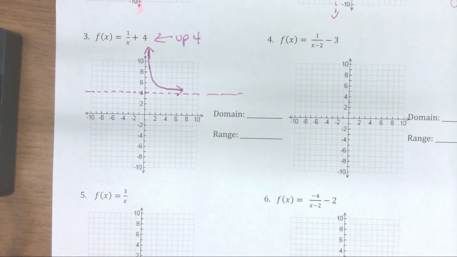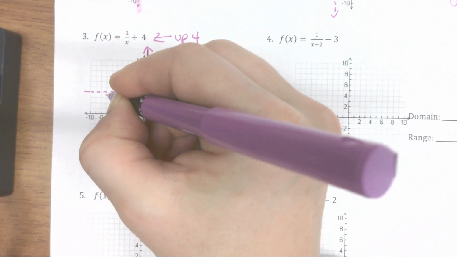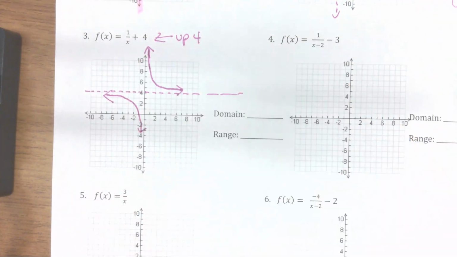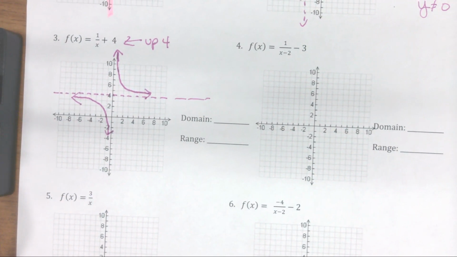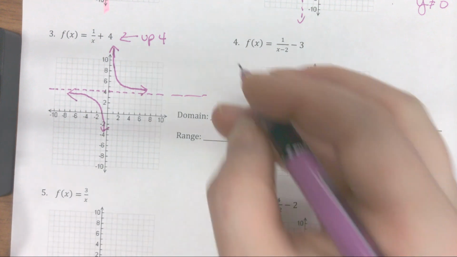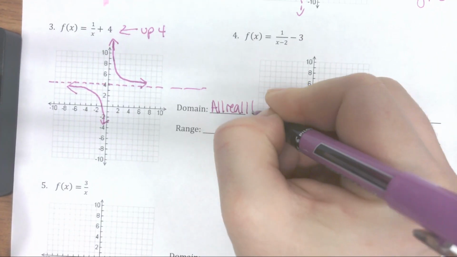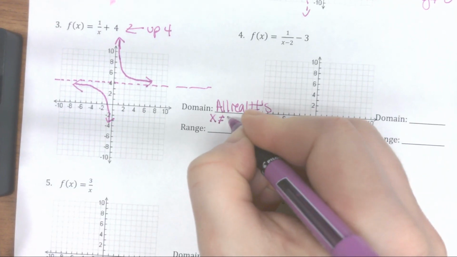And on the other side, same deal. We make it approach 4 and then the x-axis. And then our domain is all real numbers. X is not equal to 0.